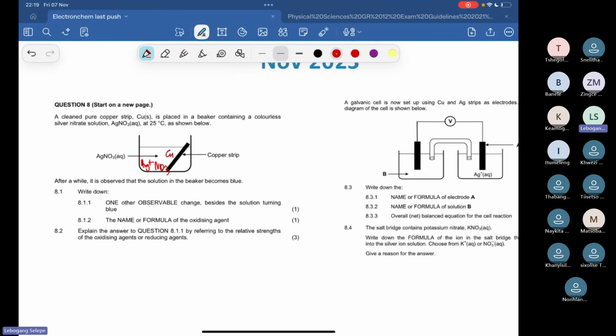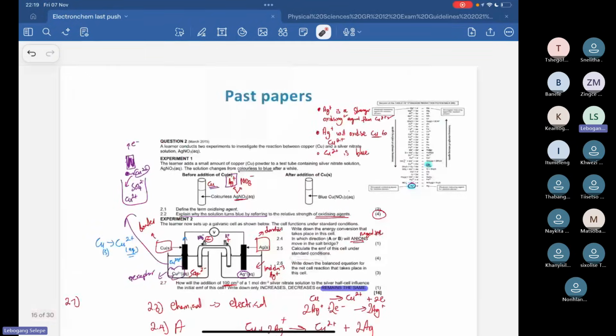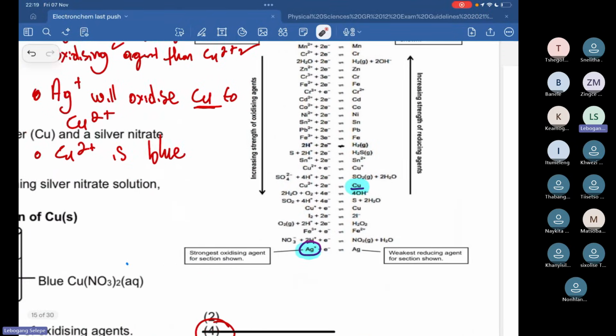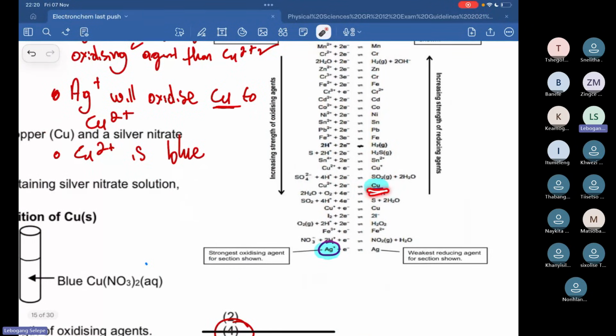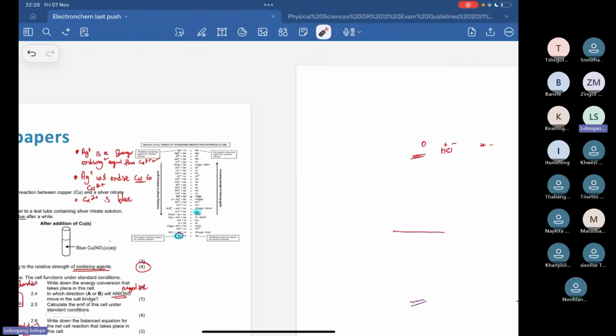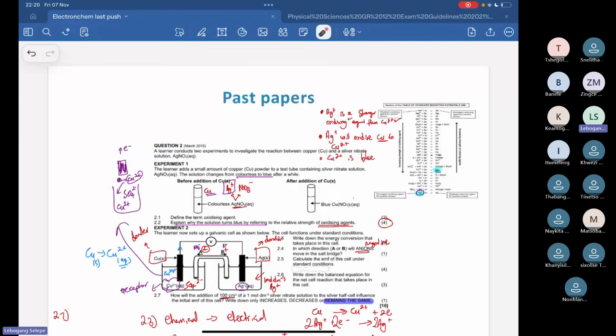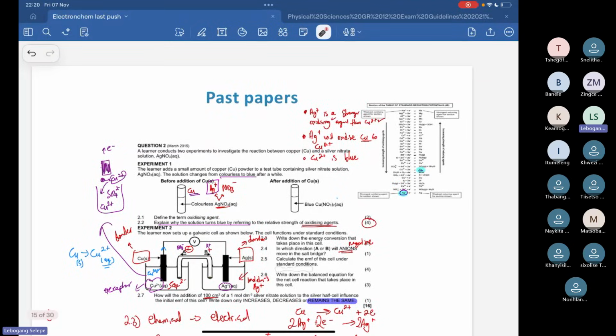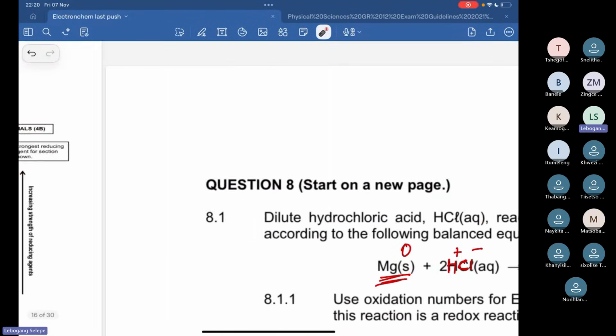So we are interested in the metal and the ion. The question is: is the metal able to donate its electrons to the ion? That's the question we want to answer. We can already see that copper is above Ag+, so a spontaneous reaction is possible.